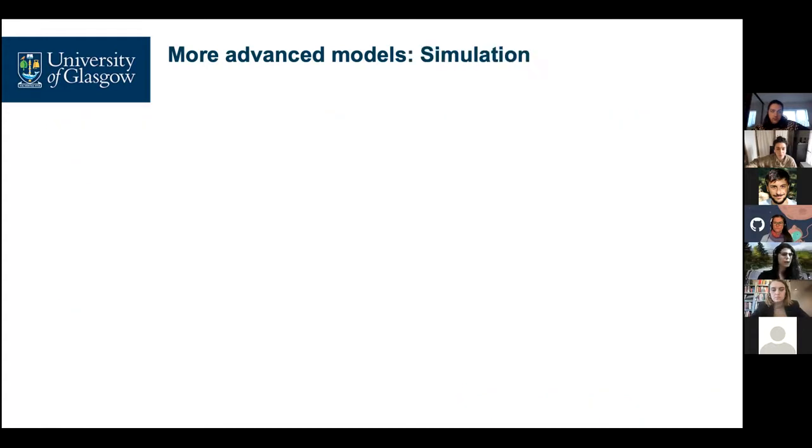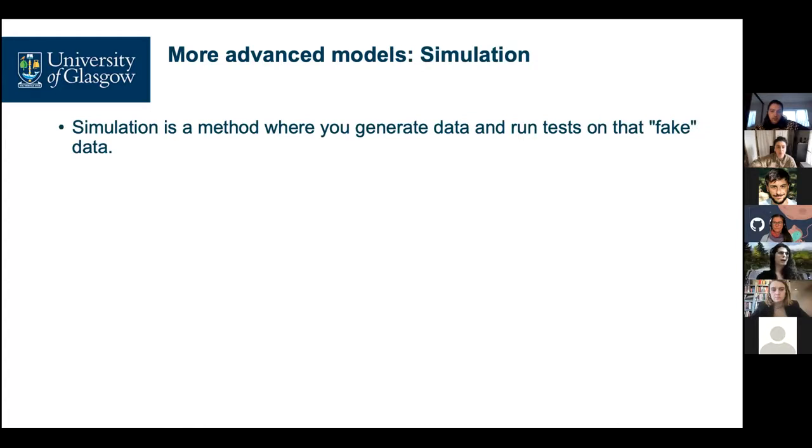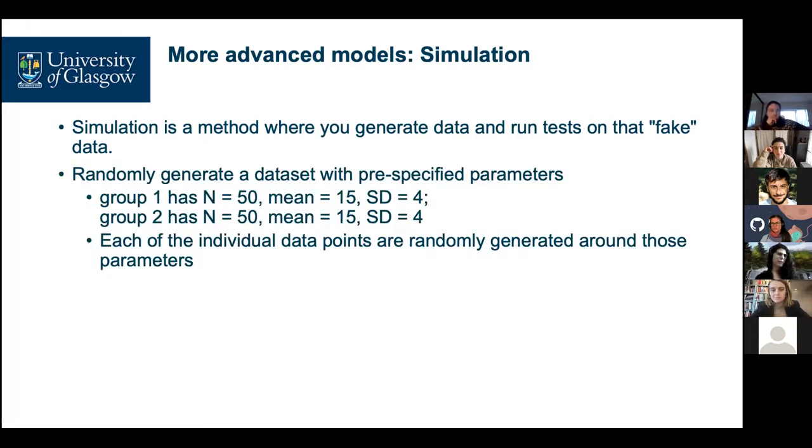To go away and use them. But there's also, taking this to the next level, simulation. So simulation is a method where you generate data out of thin air using code. This is not real data. This is definitely fake data. And it's fairly obviously fake because it's generated with pre-specified parameters.